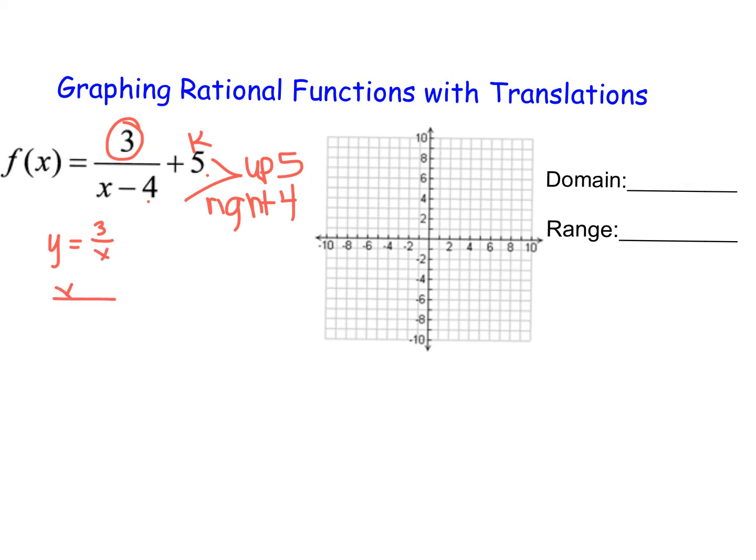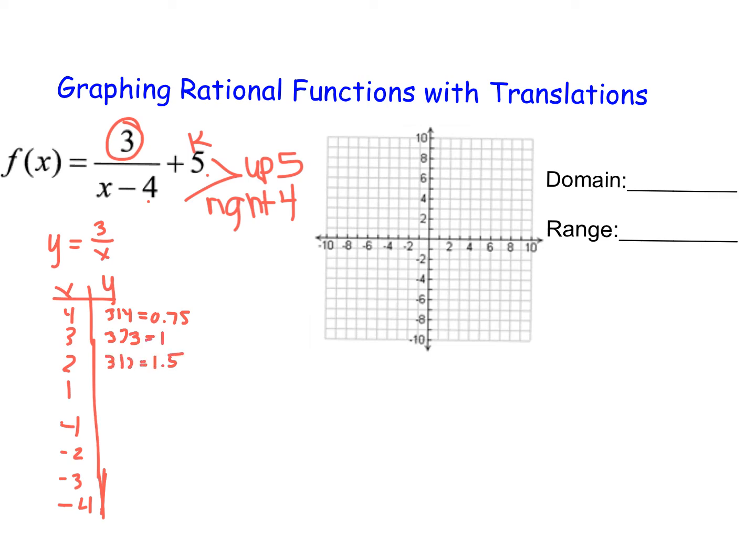And we're going to create a table of values for that. So we have 4, 3, 2, 1, and then -1, -2, -3, and -4 as the points we're going to look at. So if we start substituting in our x values, we end up with 3/4, which is about 0.75, 3 over 3, which is 1, 3 over 2, which is 1.5, and 3 over 1, which is 3.